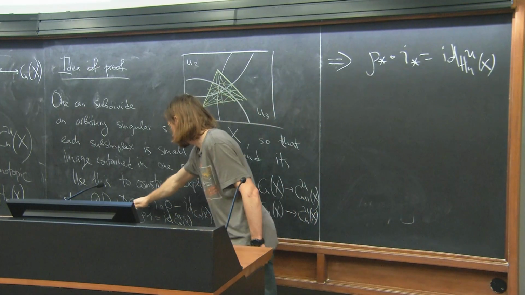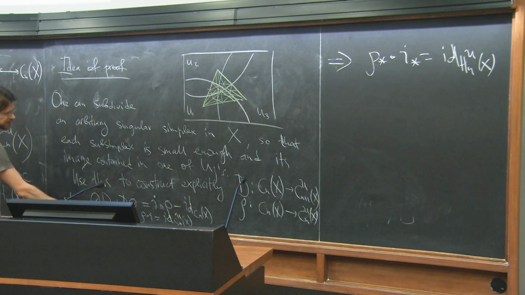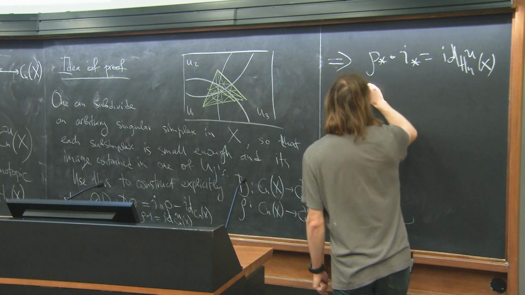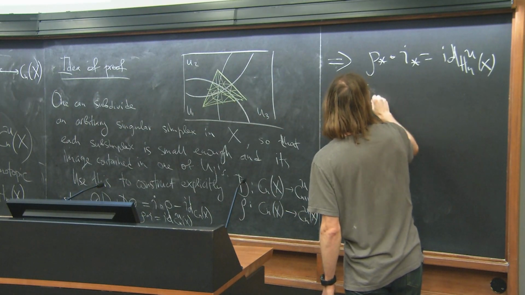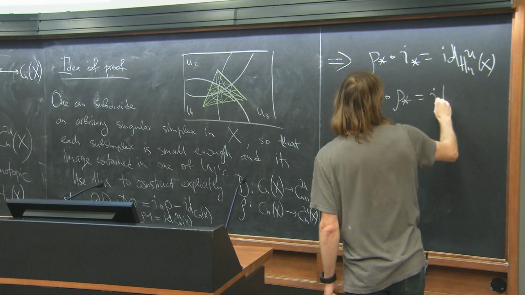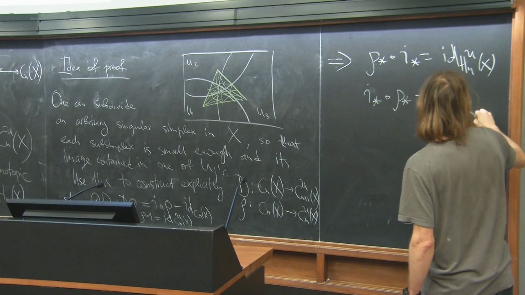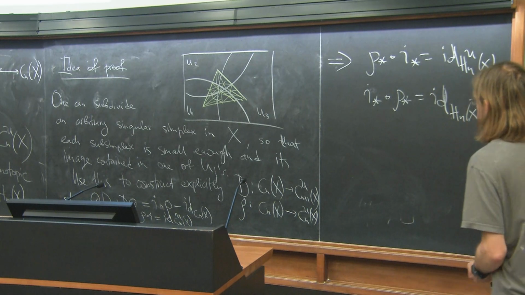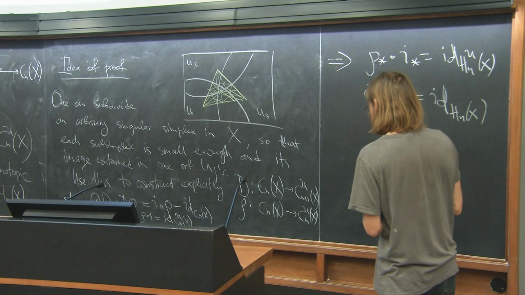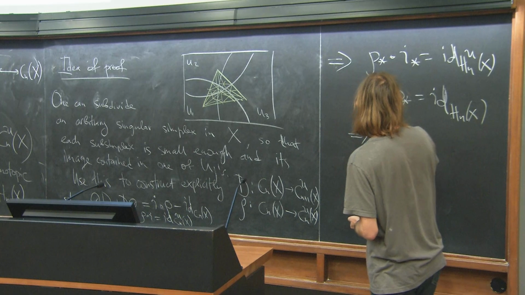And here we also know that if the difference between maps is of this form for some D, then it also follows that the push forwards on the homology groups are the same. And then from this it follows that I star is an isomorphism.